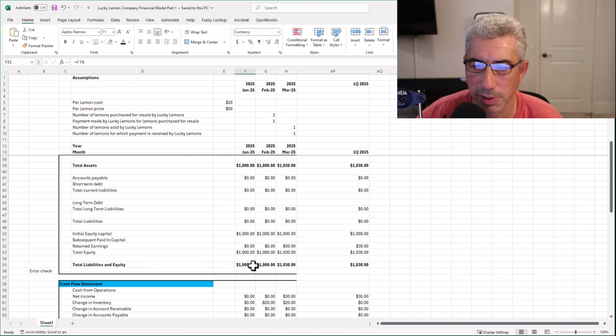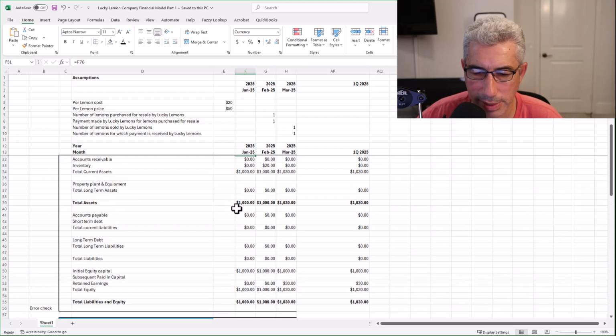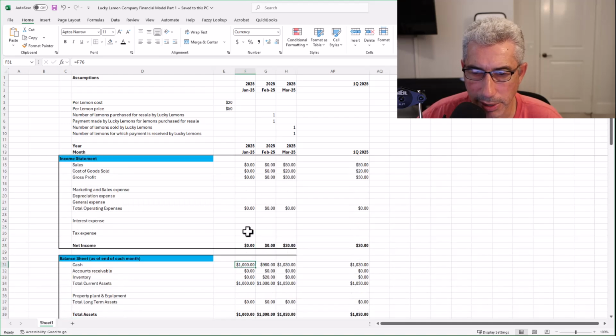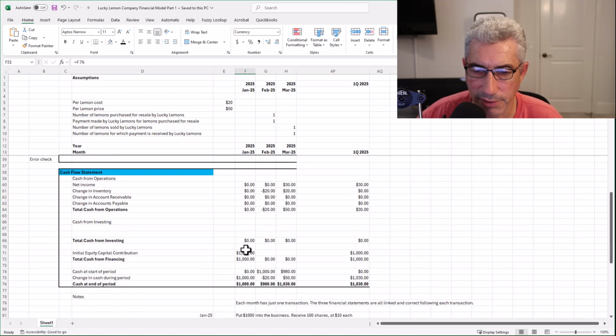So as you know, in the balance sheet, total assets must equal total liabilities and equity. And that is true here. Nothing is happening on the income statement here because nothing's been sold. And then on the cash flow statement, we've got $1,000 from financing due to the initial equity capital contribution.